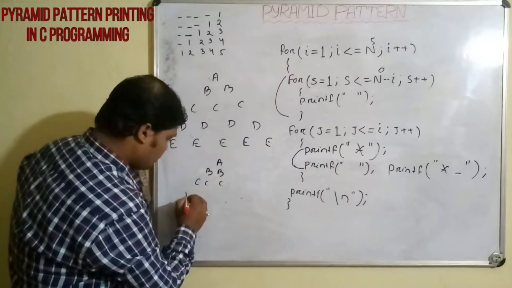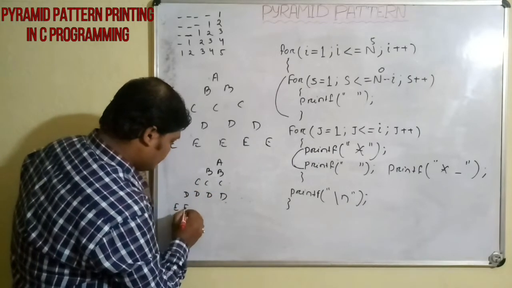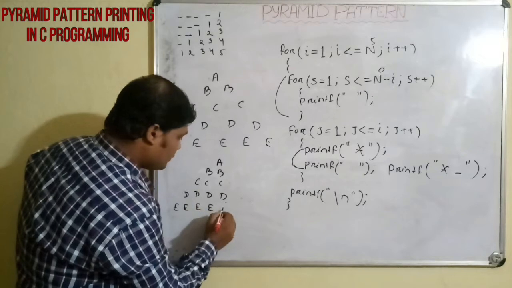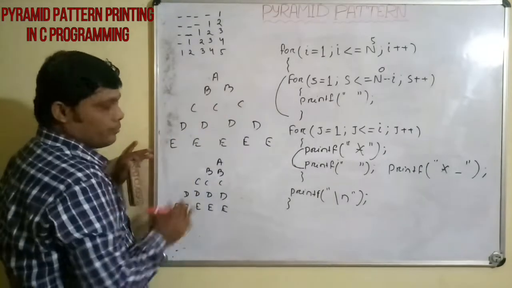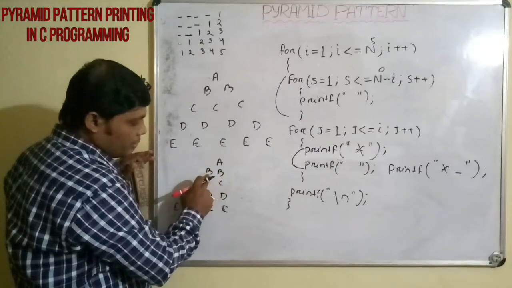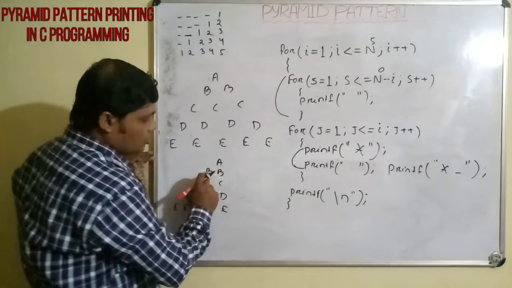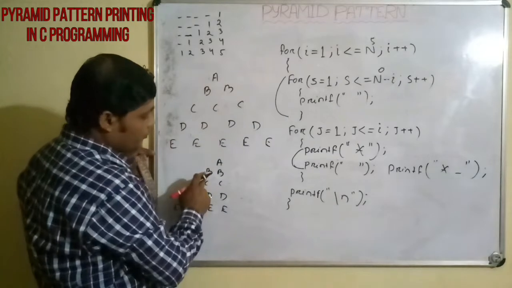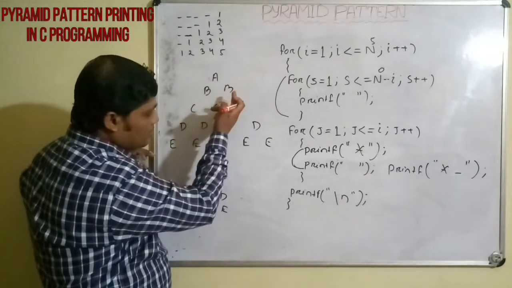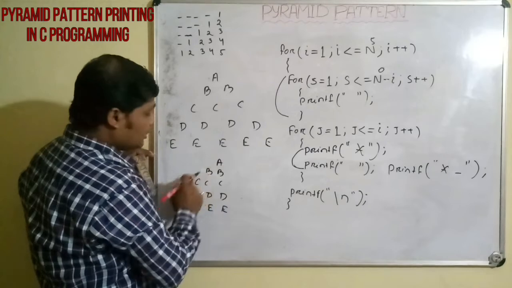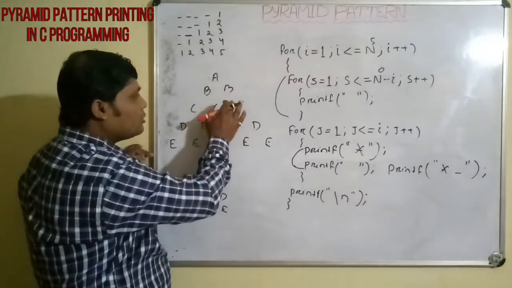You can see the previous video on how to print this structure. Clear? From this structure, when we print a value and then give one space, it will convert to this. Just see, for the second line, B space, B; then C space, C space, C, like this.